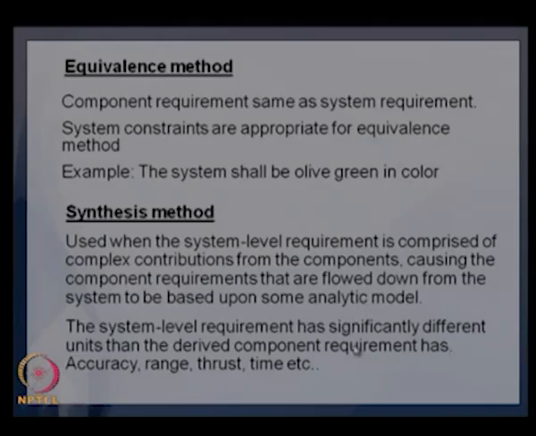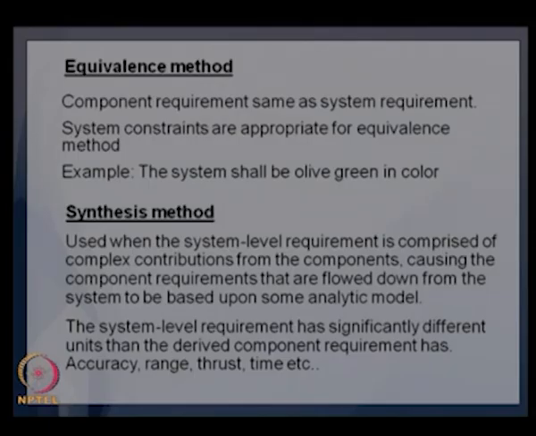For example, if there is a requirement of system performance time, say the system should provide an output within 20 seconds, that is the requirement. But the processor is one of the components which actually provides this, and the processor speed is a different unit, and there may be some other motors or something which actually provide the output, and its output will be in a different unit.